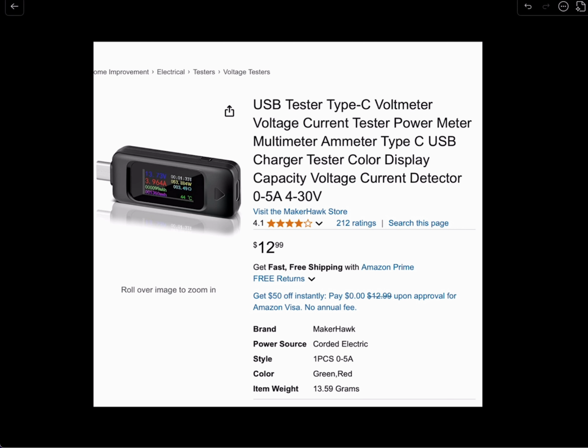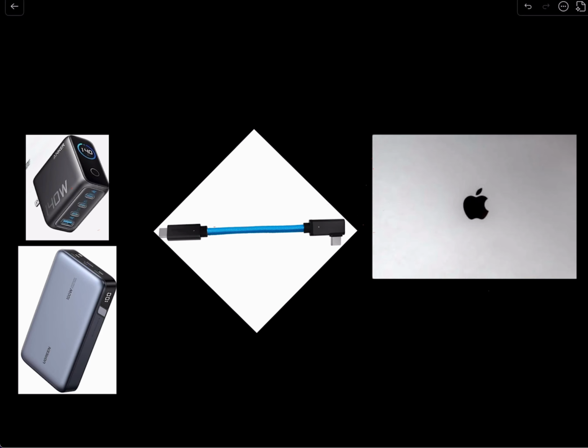This little and inexpensive device can actually tell you what voltage we see here, that is 13.7 and 3.9 amp, and you connect this device in series.